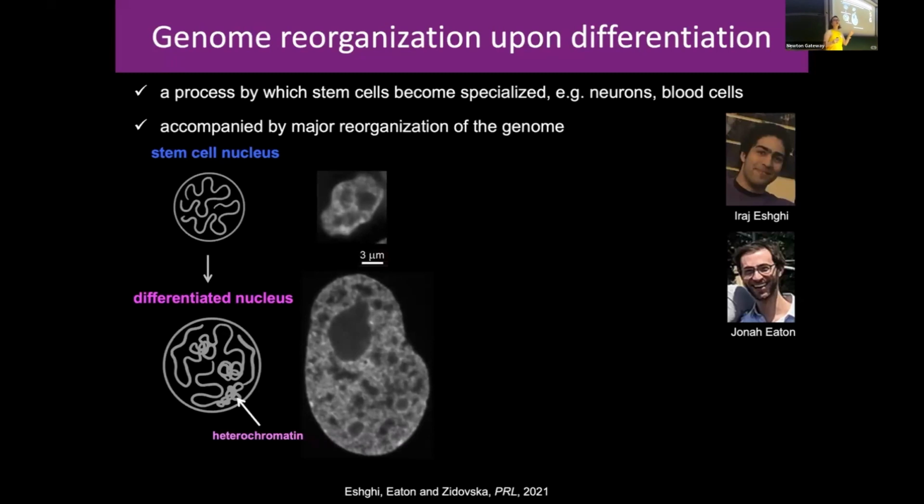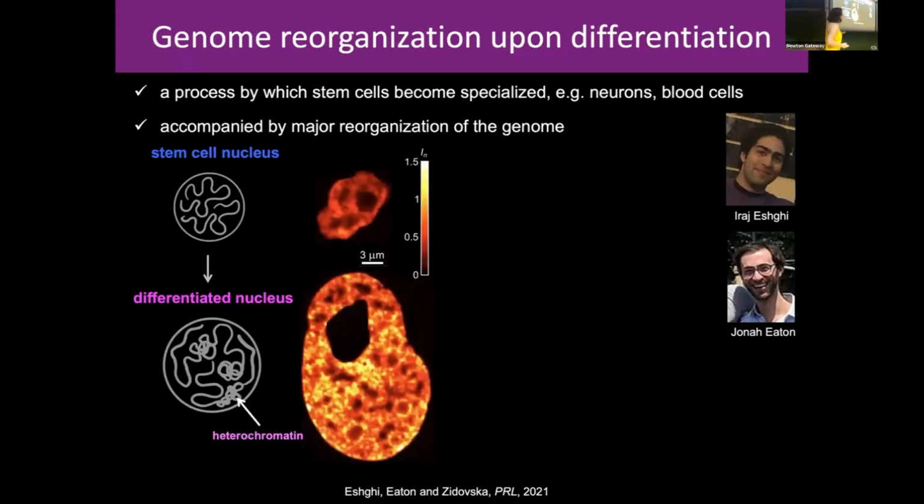We specifically differentiate to neurons. So we make mouse neurons from mouse stem cells, and what you are viewing here is only the nucleus, not the cell. You are looking here at a stem cell nucleus, and once you differentiate, you see it becomes much larger, right? You then have a neuron nucleus.